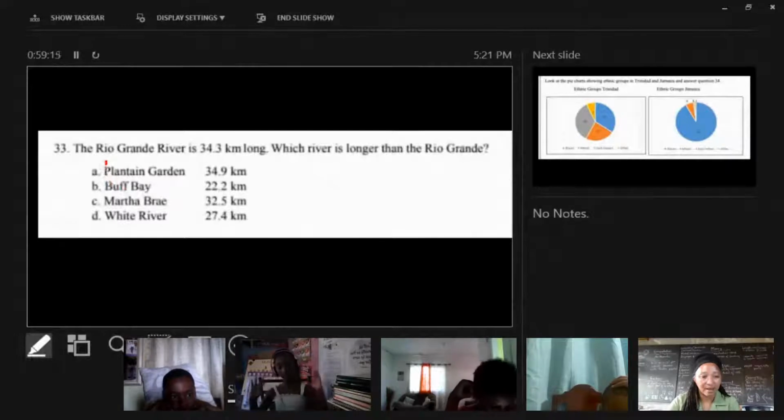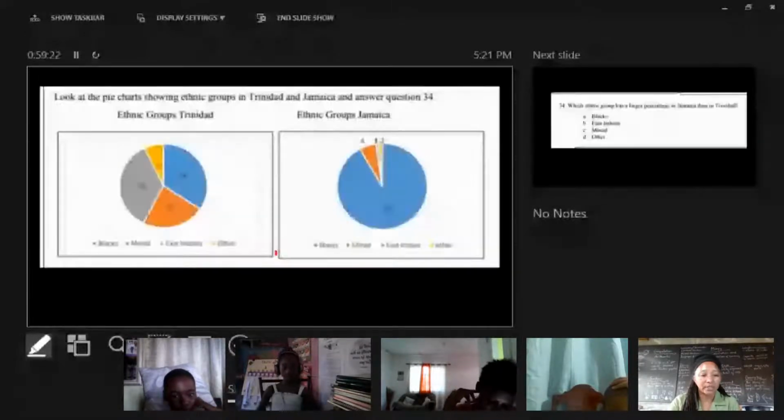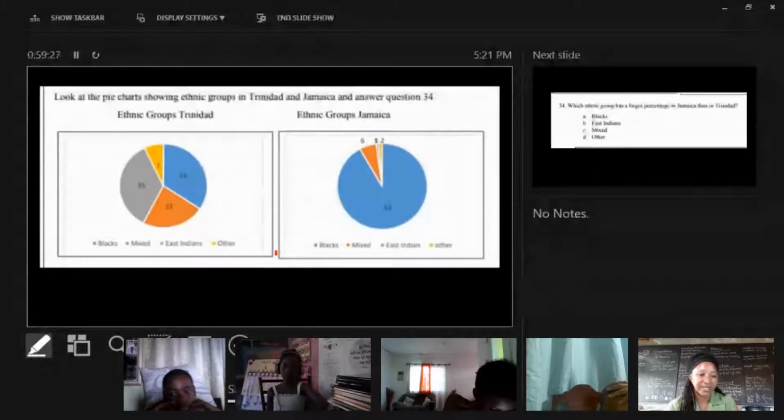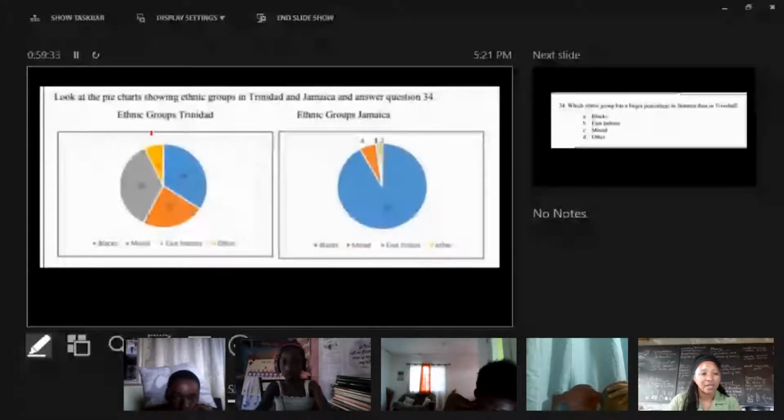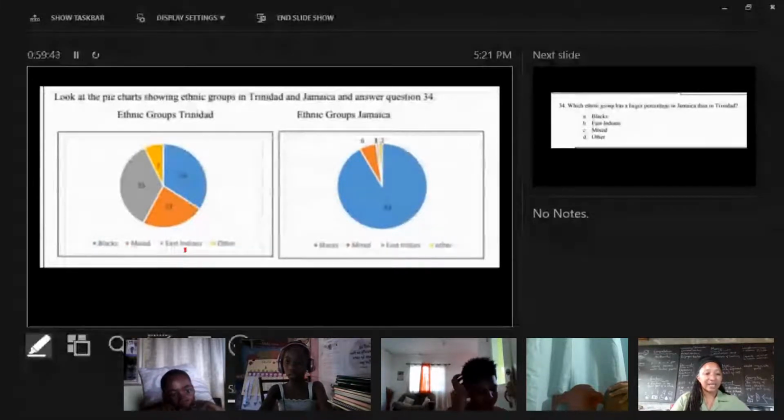All right. So we go now to this table, and it says, look at the pie charts showing ethnic groups in Trinidad and Jamaica and answer question 34. So this pie chart shows the ethnic groups in Trinidad. The blue are blacks, the orange mixed, the gray East Indians, and the yellow other.